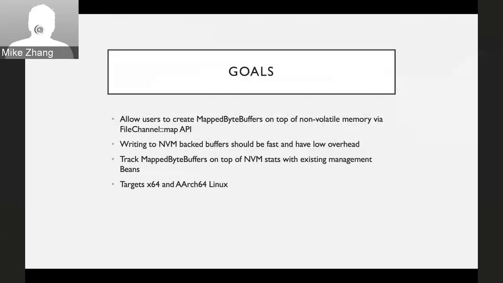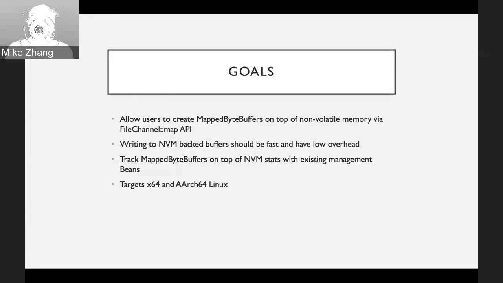So the goal for this JEP is to allow users to get a direct mapping on an NVM device, using the map byte buffer created via the file channel API. We also want this map byte buffer to have low overhead writes when you're actually writing back, or else it would be kind of pointless.